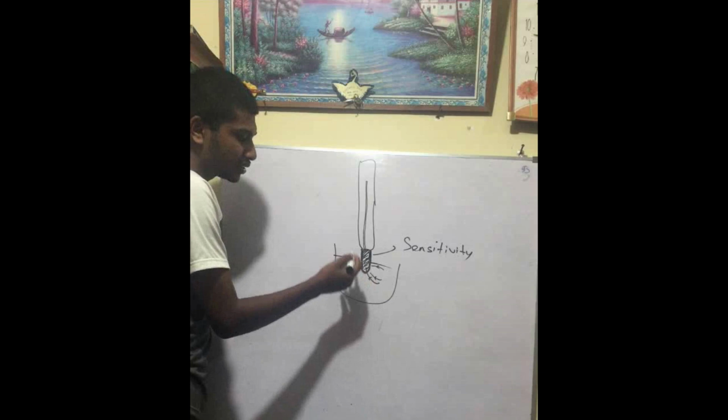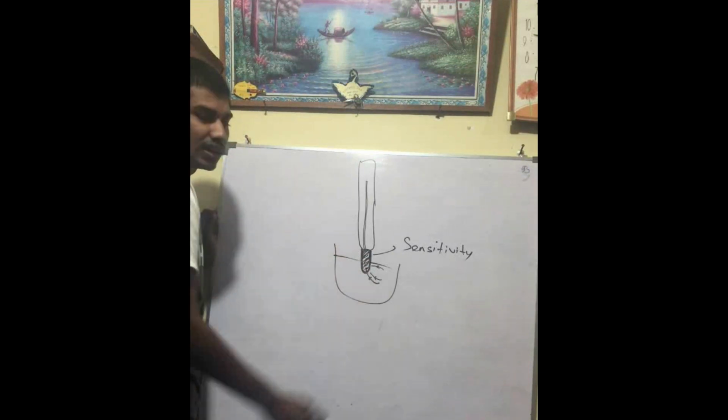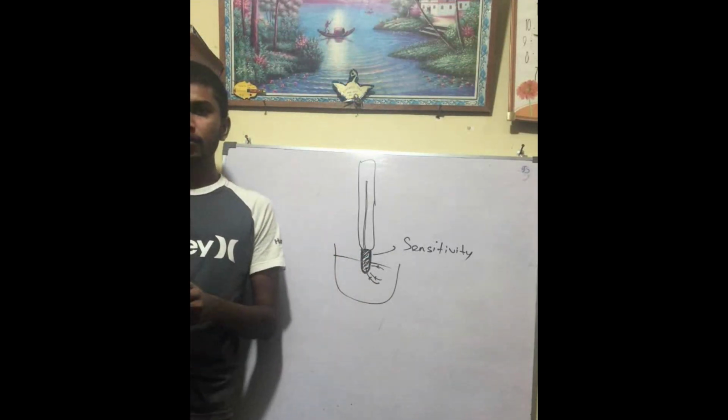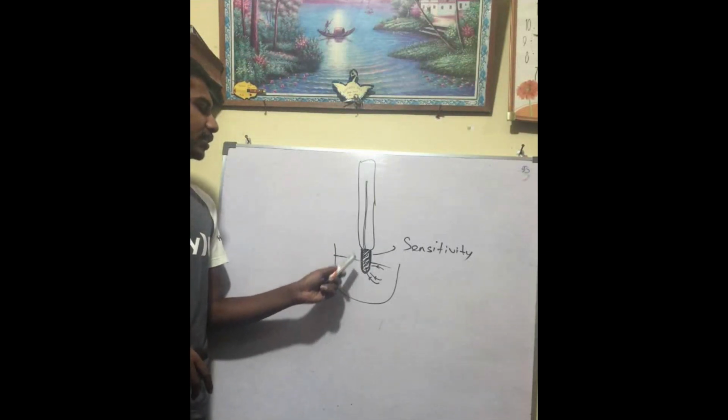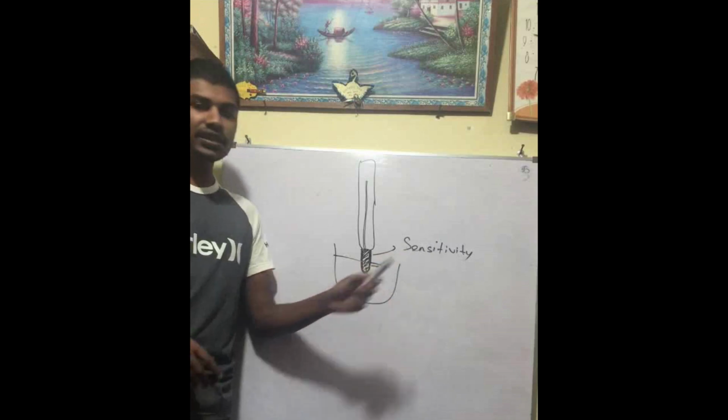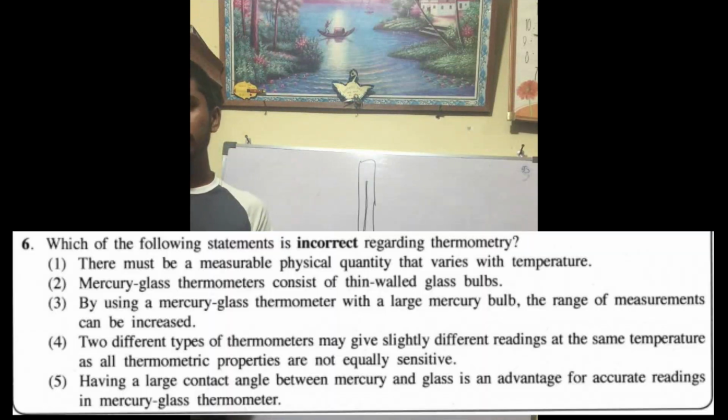When the temperature is higher than the boiling point, this liquid will actually boil. So there will be no changes in the range. It will change the sensitivity, so that will be the wrong one. Of course, we'll see the other two also.